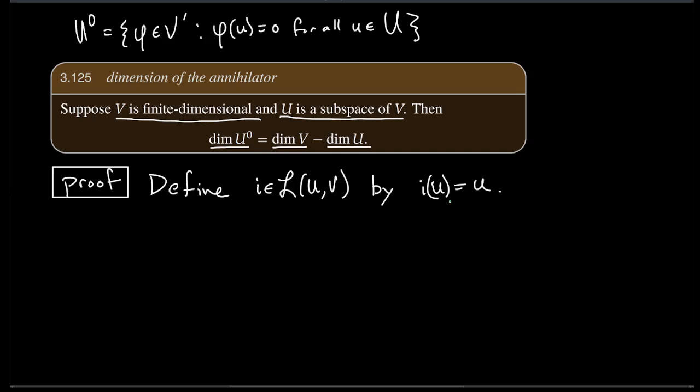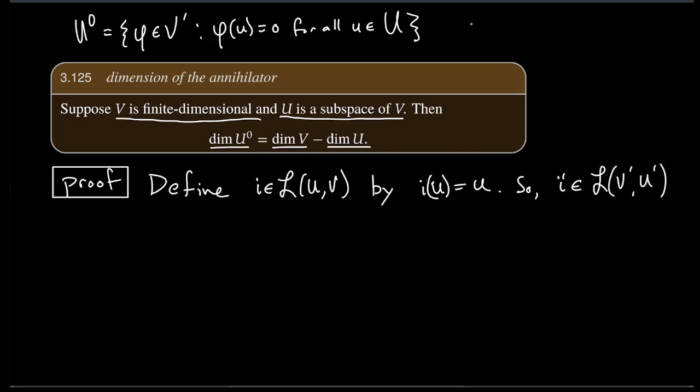It's an inclusion. All right, so the dual of this map, I', is in the linear maps from V' to U'.